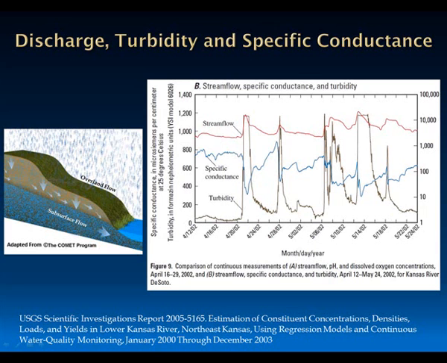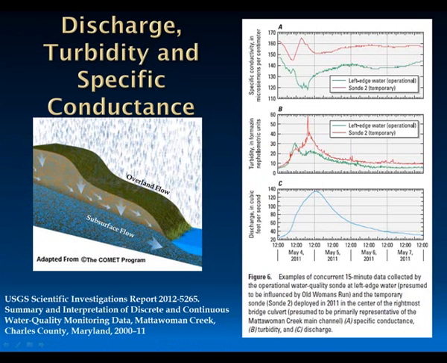And so we know that specific conductance is a good surrogate for the total dissolved solids, and is dominated when low flows dominate through the subsurface. We get those higher specific conductances, and alternatively, when flows are coming over the surface, we have less specific conductance but more turbidity, because the turbidity has picked up as the flow increases.